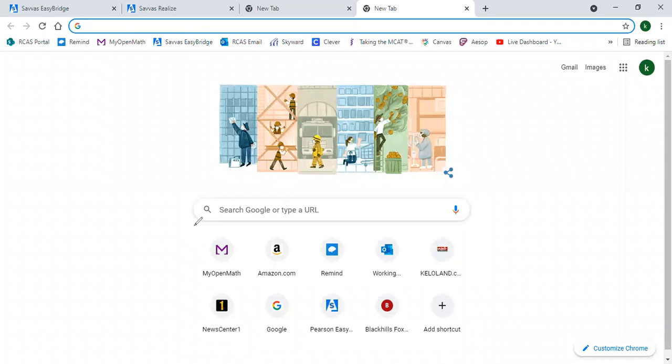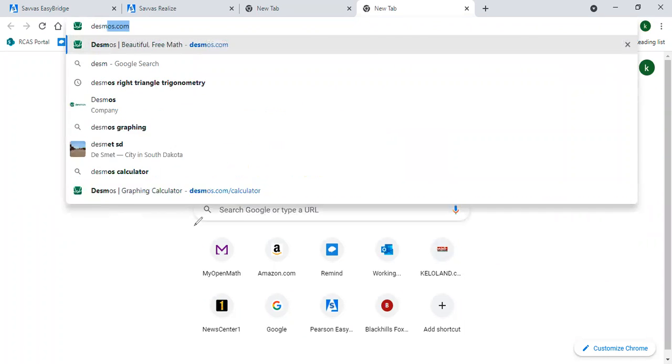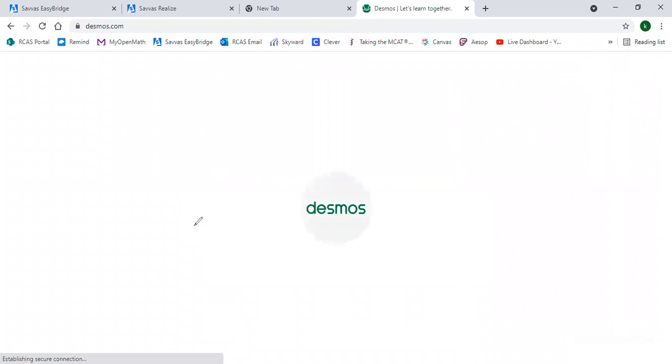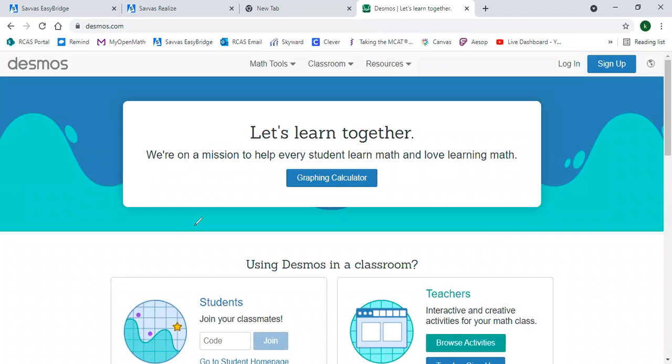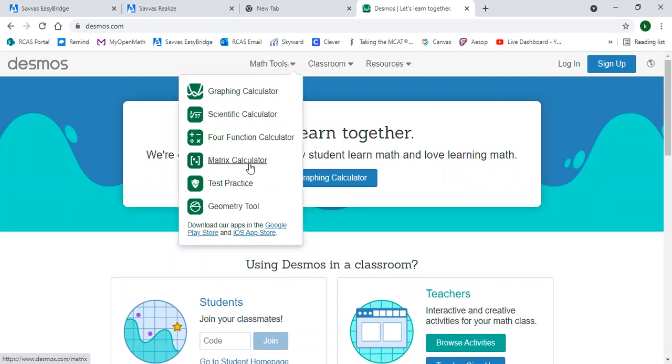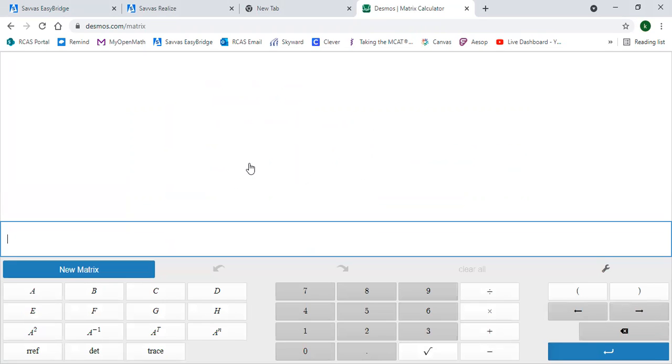We're going to start at desmos.com. And when that opens up, you can go to the graphing calculator if you would like, but also in the math tools, there's the matrix calculator. It'll take you right there.